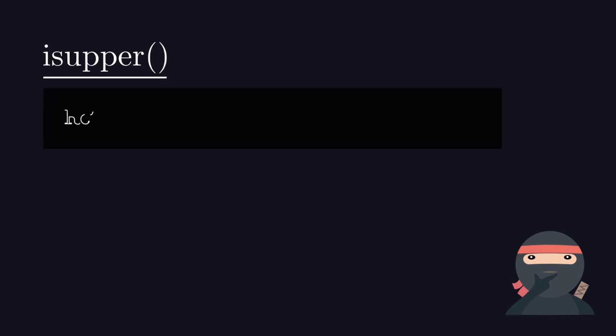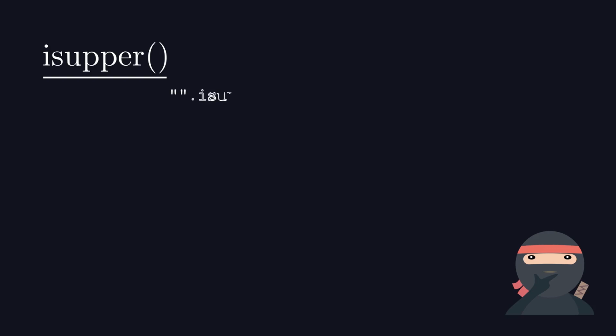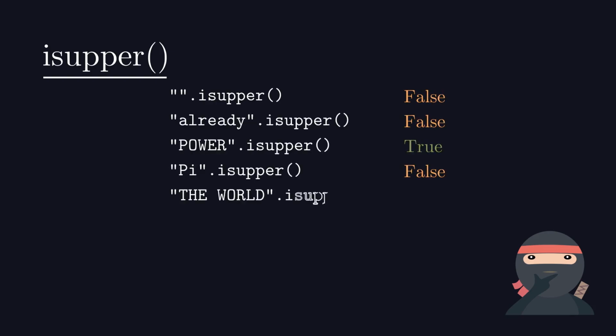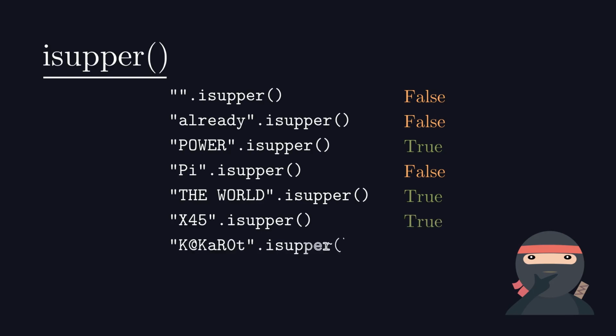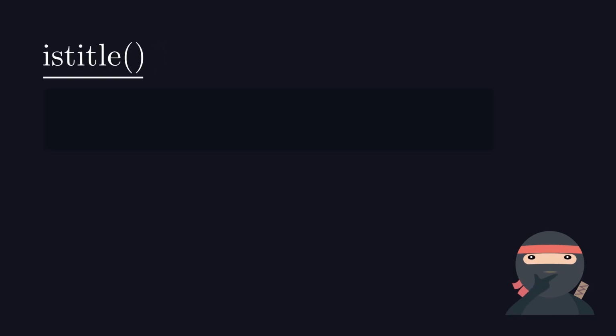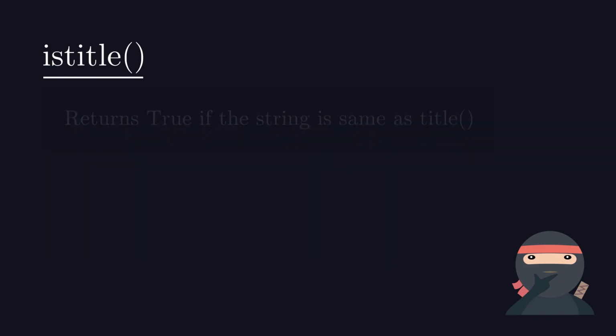The isupper method returns true only if all the characters in the string are uppercase. The istitle method returns true if the string follows the rule of the title function.